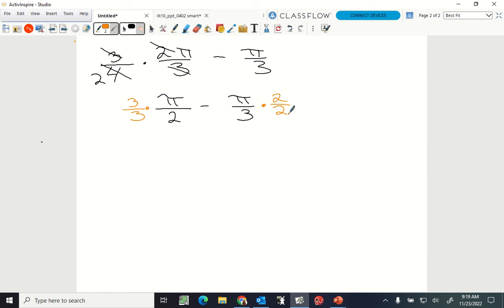So if I multiply by 1, I get the same thing. But in this case, my 1 is going to look funny. So that's all I'm doing, I'm trying to make my 1 look funny. So on the left side, I'm going to get 3 pi over 6 minus 2 pi over 6. And now can I do the math? What do I get? 1 pi over 6. Very good, 1 pi over 6.